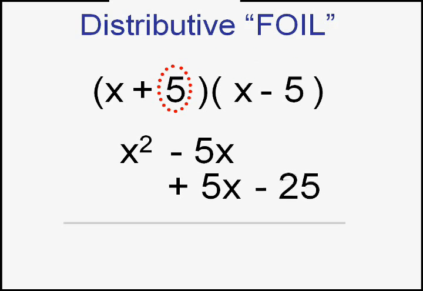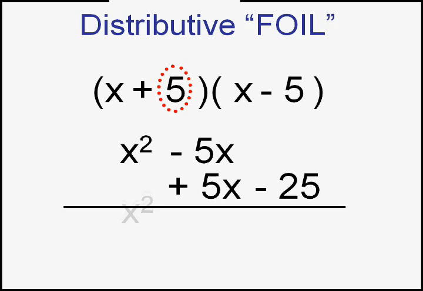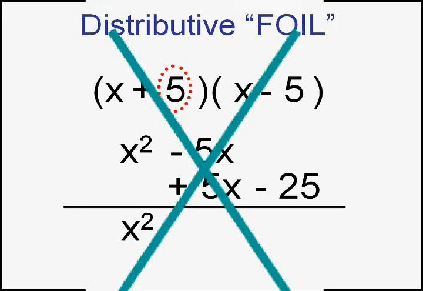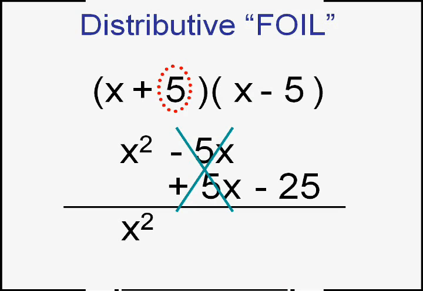And notice, in this case, when we added like terms, when we added a plus and a minus, we got rid of the middle terms. Okay, we're going to use that to our advantage. But we have to have a plus and a minus to use this to our advantage.